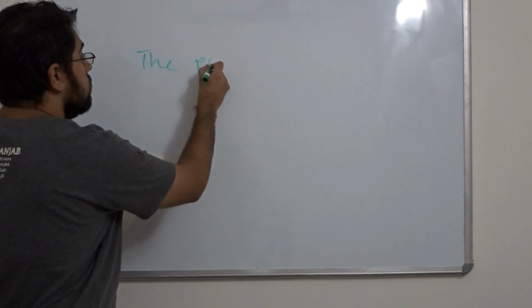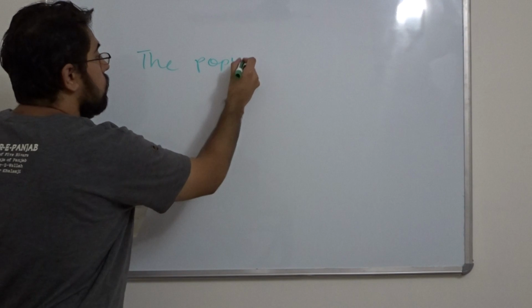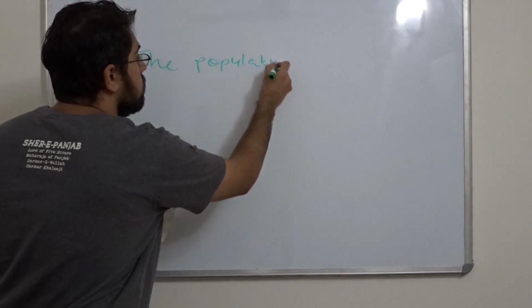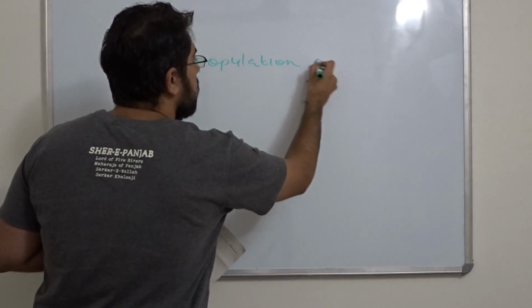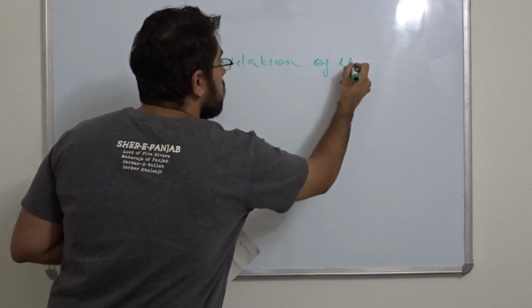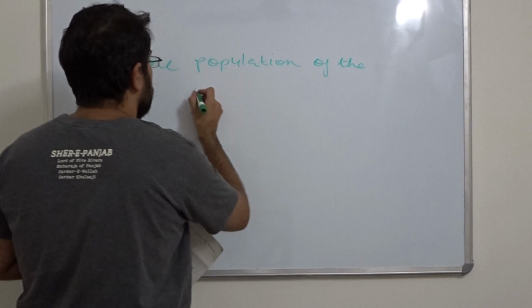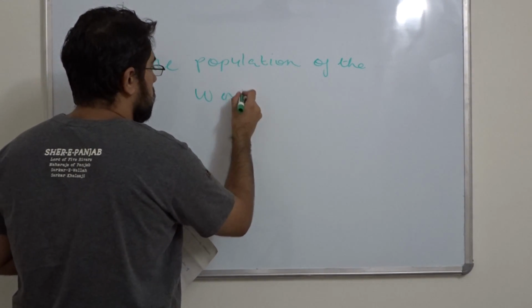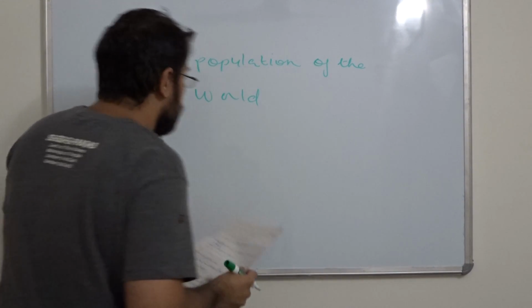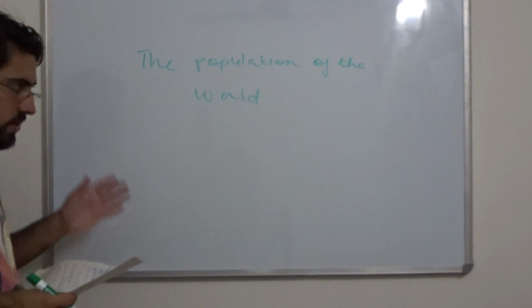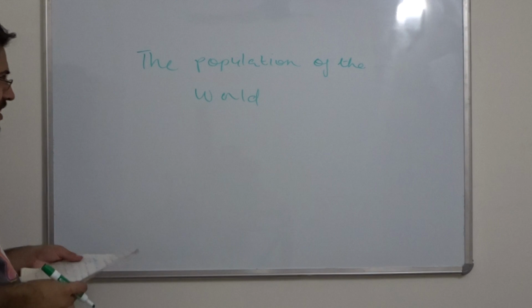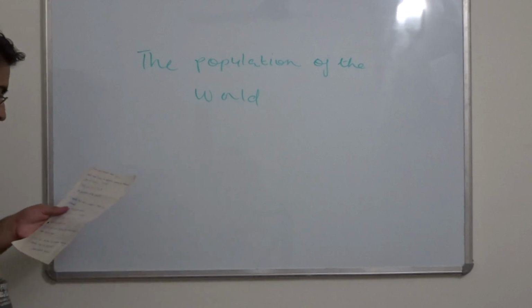So let's say the population of the world. Okay, guys? Population of the world. And we all know what the population of the world is: 7.6 billion, and it's increasing.